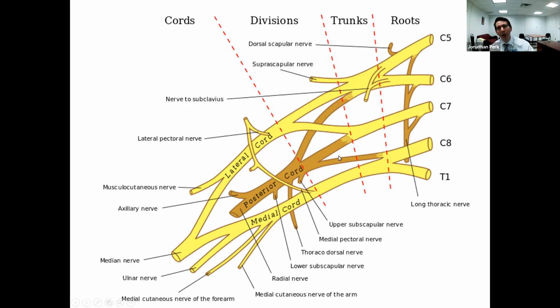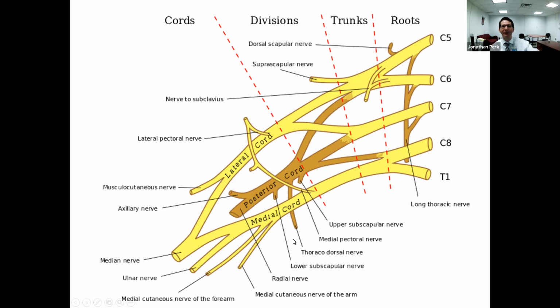And all the posterior divisions from each one of them combine together to become the posterior cord, okay? So we're already jumping from the divisions to the cords.